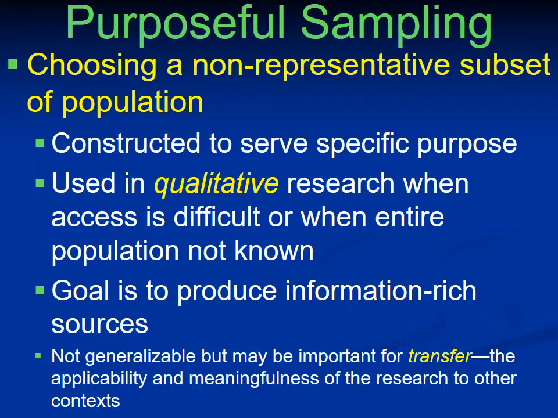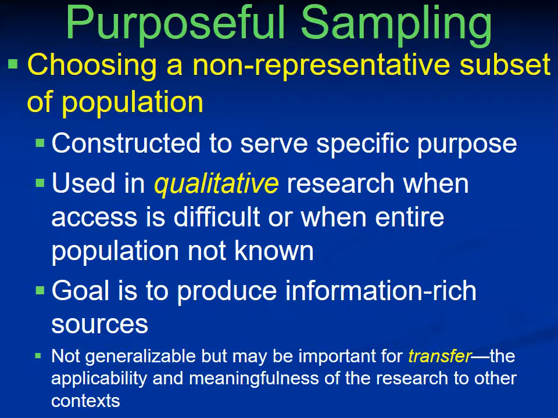Certainly it might not be possible to even specify your population. You might not know the names of everybody in your population, and getting access to members of that population is going to be difficult. So a researcher in that instance might attempt to just zero in on the target group and then interview whoever is available.